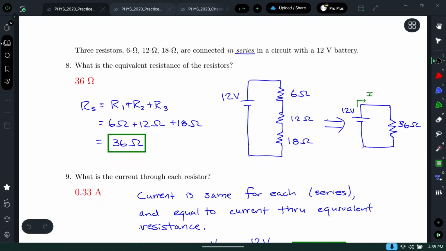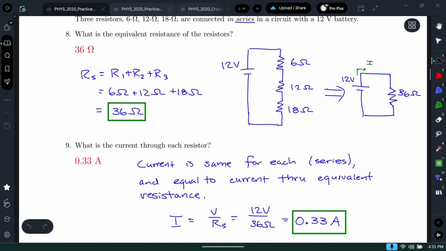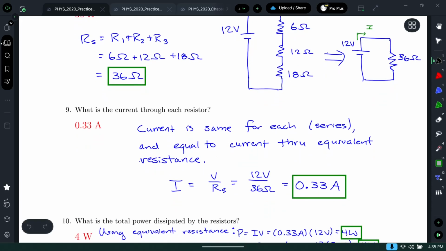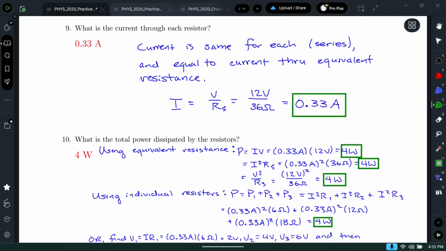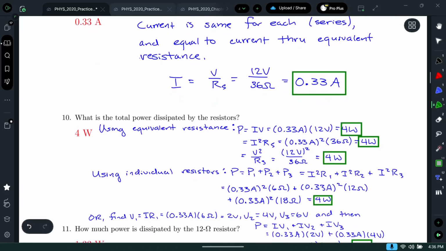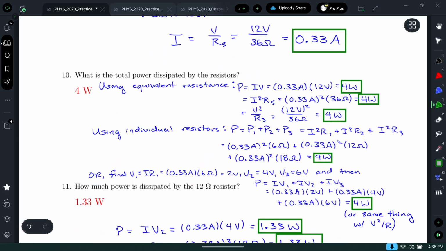I could either do that by combining them, adding up all the resistances, and saying how much power is dissipated by that equivalent resistor. That would be the current through it, which we can find is 0.33 amps, because it's 12 volts over this equivalent resistance, and multiply that by the voltage across that one, which is 12 volts. That's one way to get 4 watts. Alternatively, I could find the power dissipated by each individual resistor.